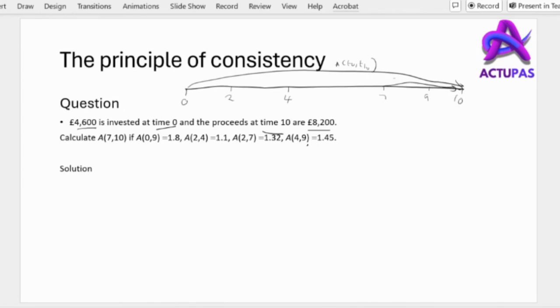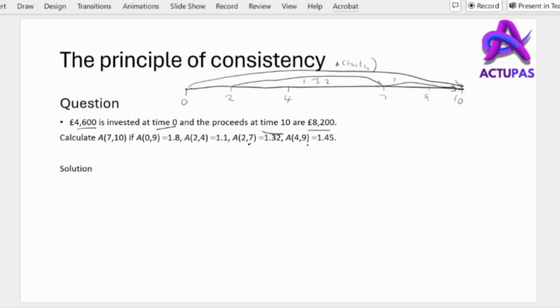This is the missing item. And to get here, we step back from 7, going backwards from the accumulation factors that we have, 2 to 7. So we can find this 2 to 7, which is 1.32.